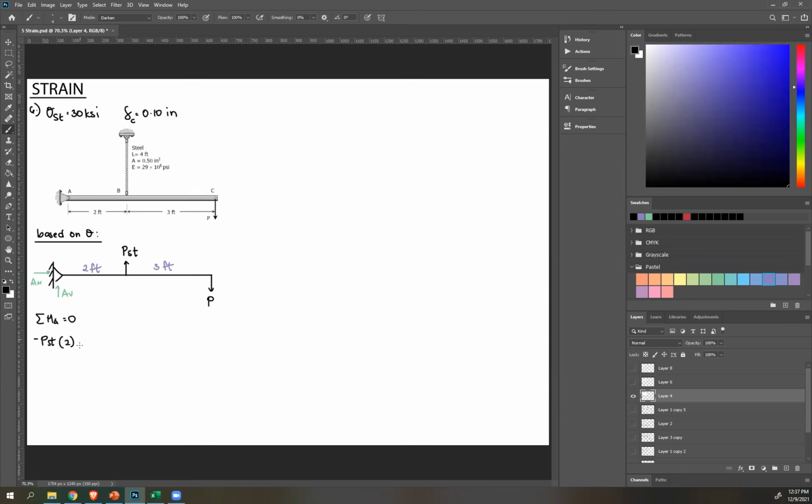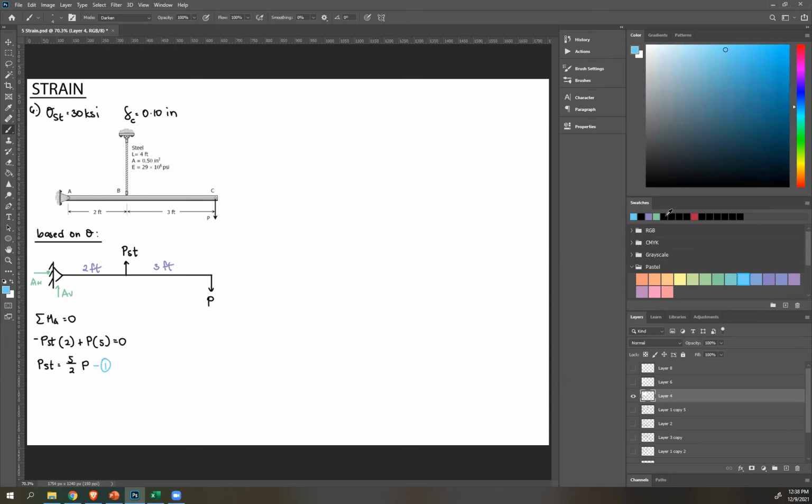That's clockwise, so positive P. Perpendicular distance to A, that's 2 plus 3, so 5. And then from this, you can create an equation relating PST and P. You'll know that PST is simply 5 halves of P. But that doesn't really help me. I haven't solved for PST. So, I'm not done yet. You can just call that equation 1.